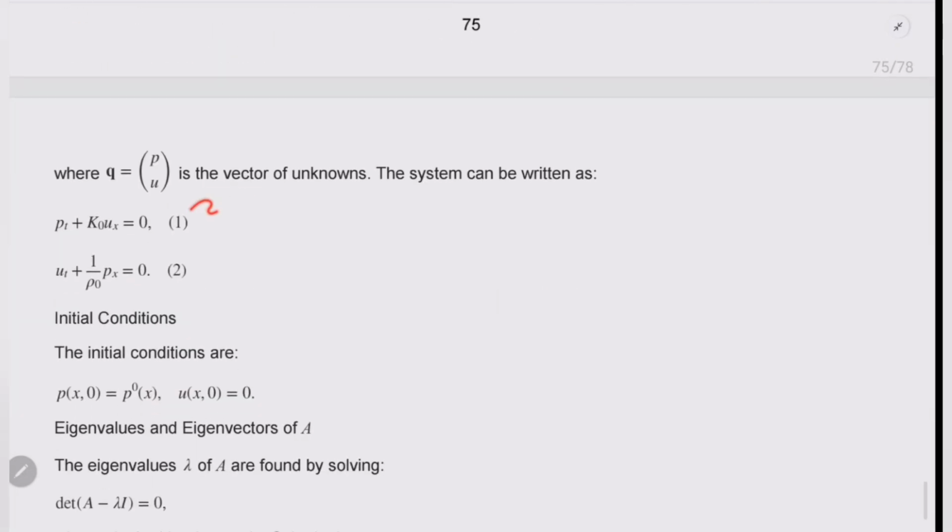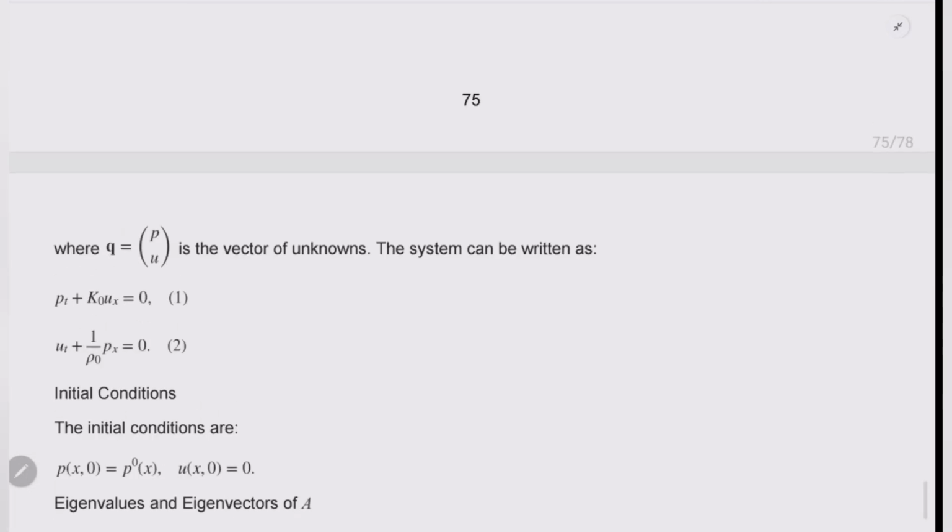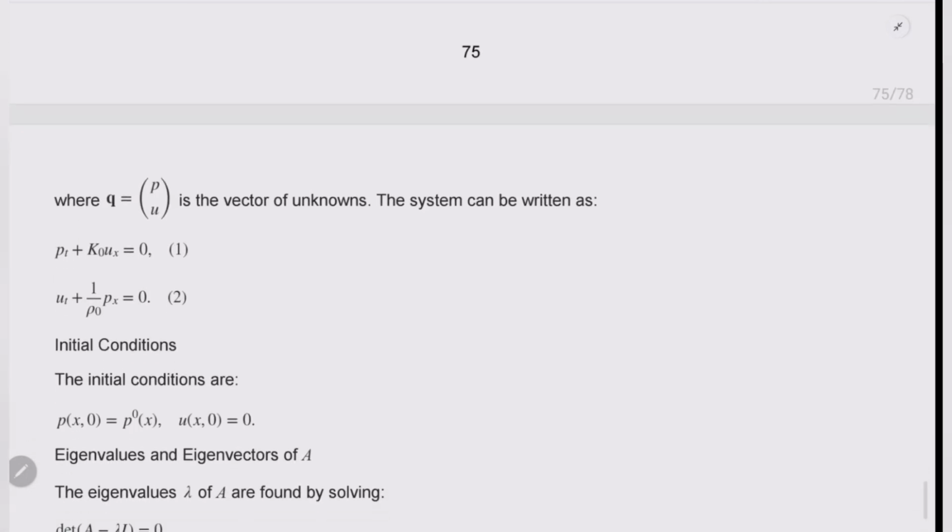Sometimes it happens that you write equations 1 and 2 in the matrix form. For example, we have partial p by partial t plus k naught partial u by partial x equal to 0, and partial u by partial t plus 1 over rho naught partial p by partial x is equal to 0.